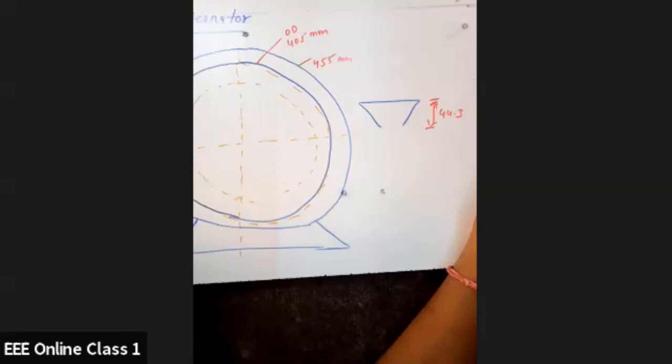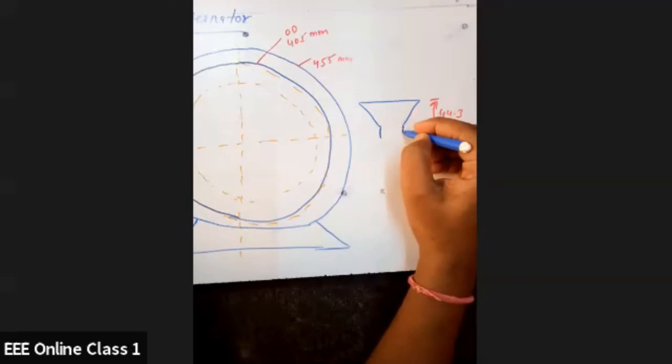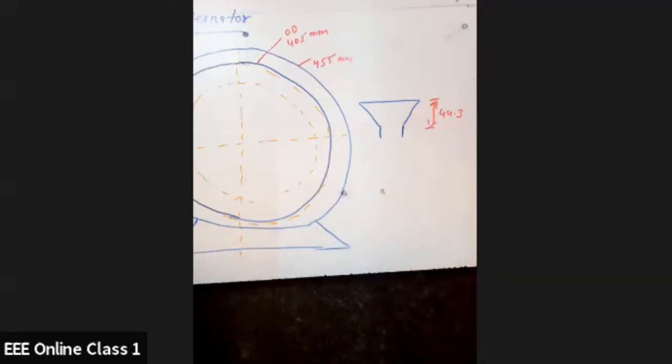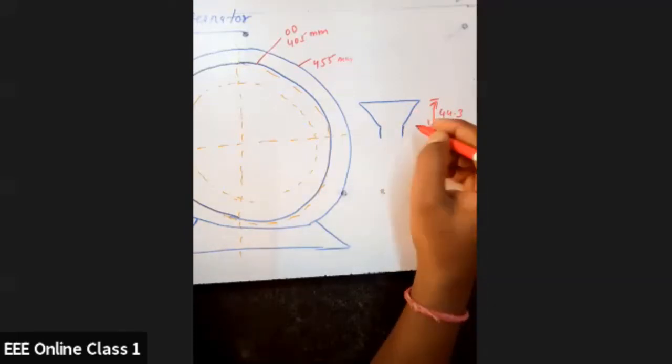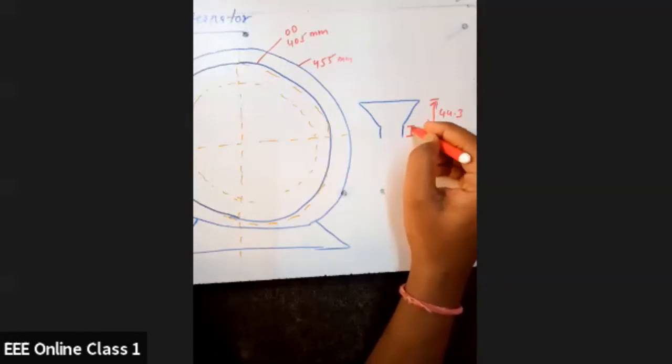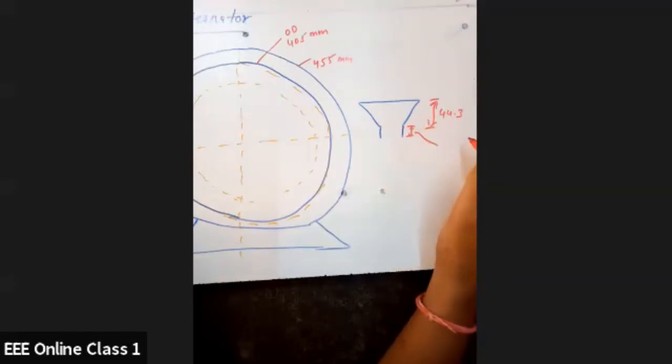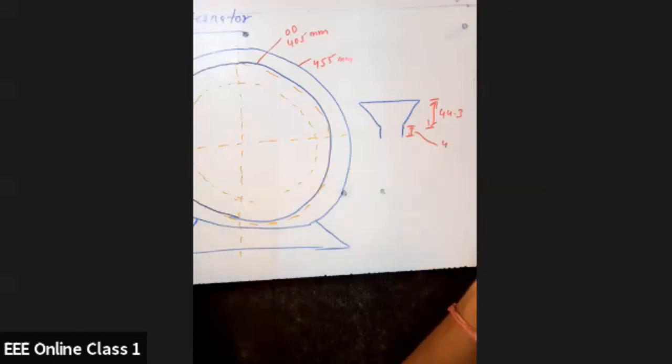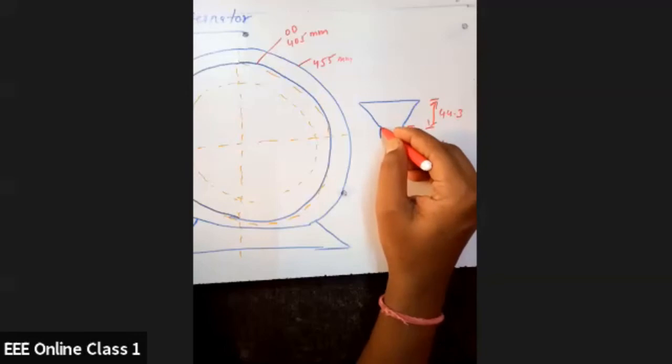Next, lip height. This part is called lip. This lip height is given, this is 4 mm. This part is called lip.